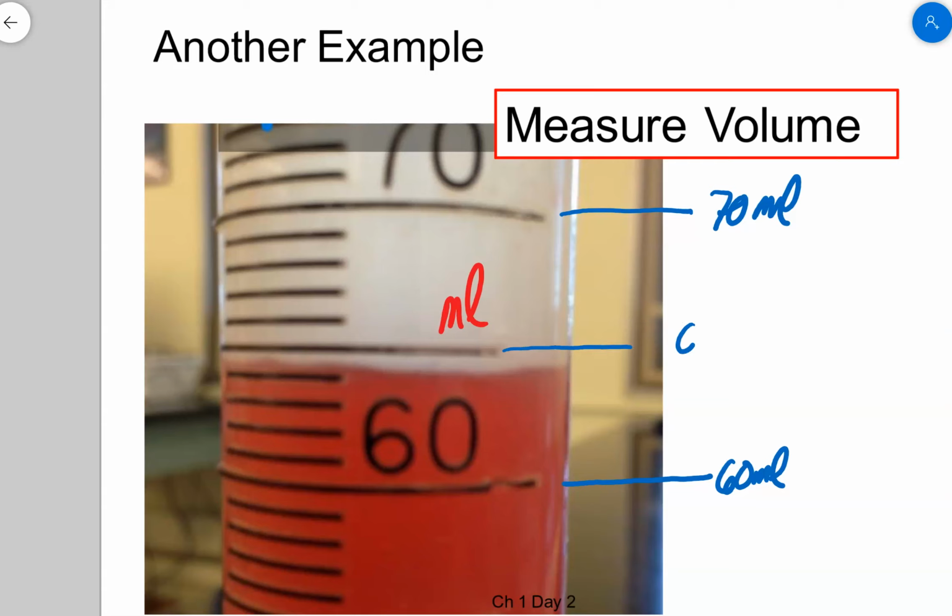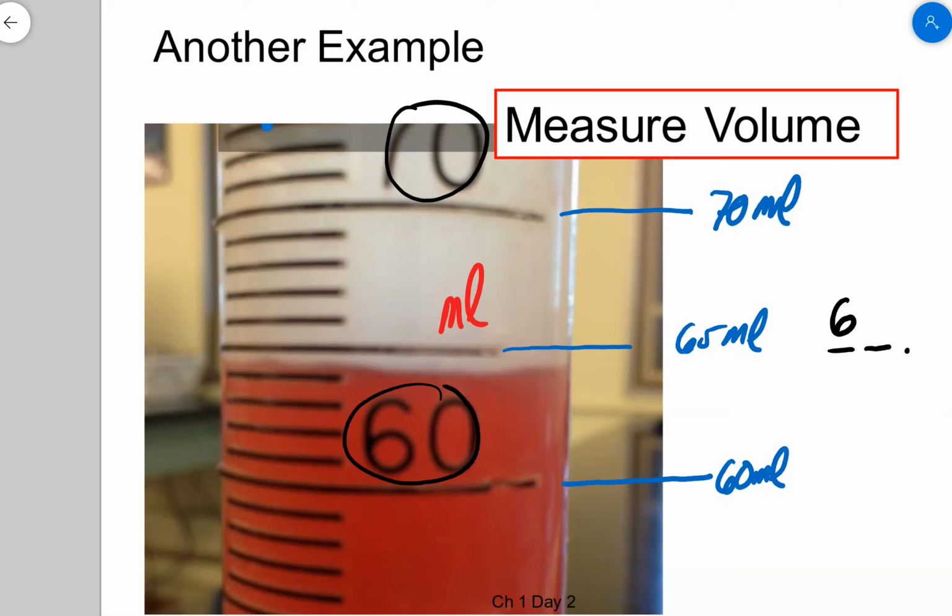I know that it's more than 60 and less than 70. So my very first digit is going to be the tens column. It's going to be 6.